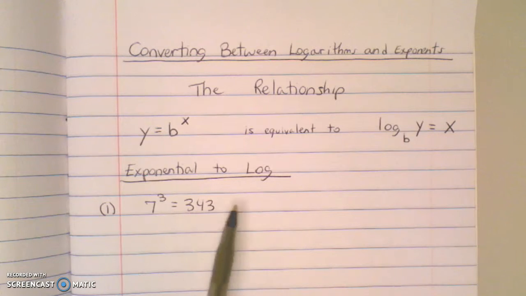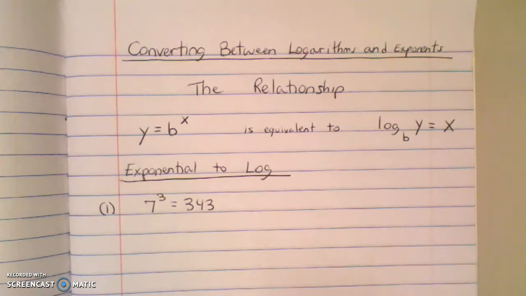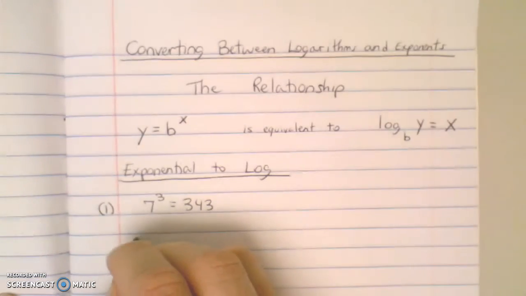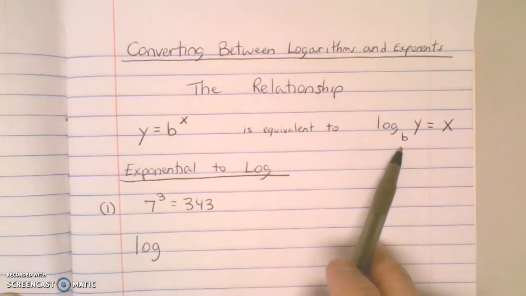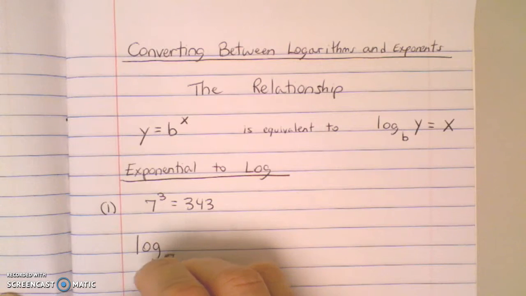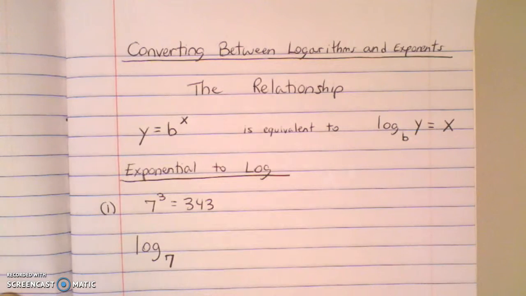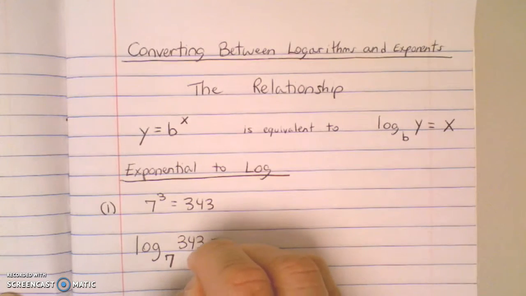So I'm going to replace those values here. I have to use the word log. So rewriting this, I have log. B stands for base. So the base of this exponential is 7 of 343 equals my exponent.